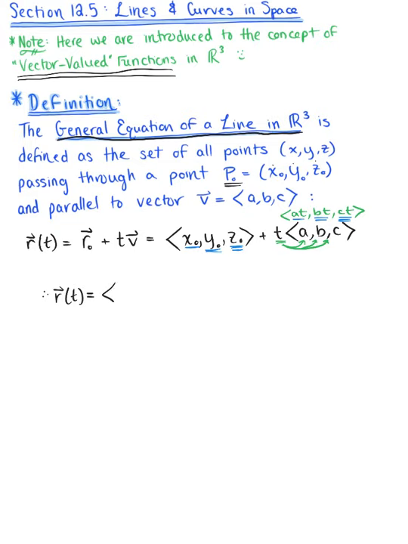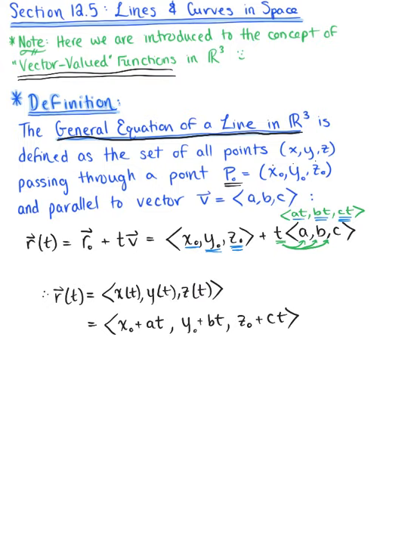So we can think about this as x of t, y of t, z of t, where x of t is defined as x naught plus at, y of t is defined as y naught plus bt, and z of t is defined as z naught plus ct.